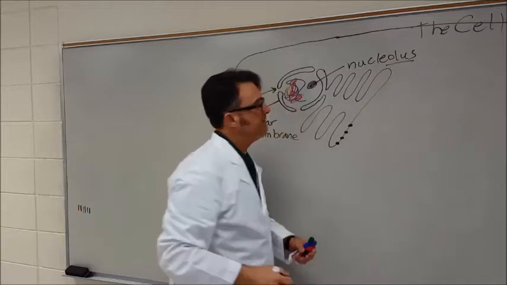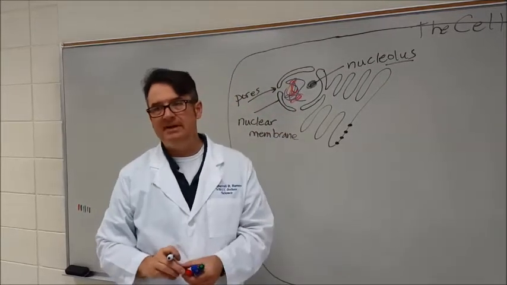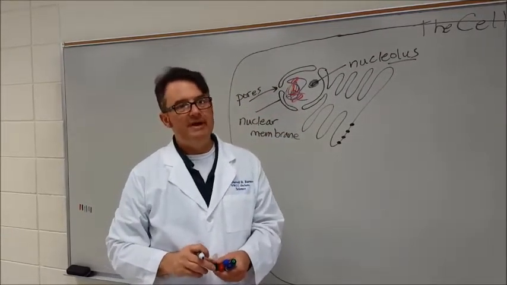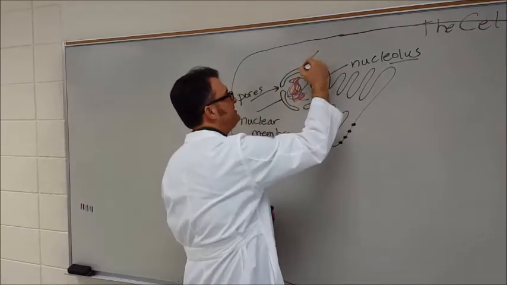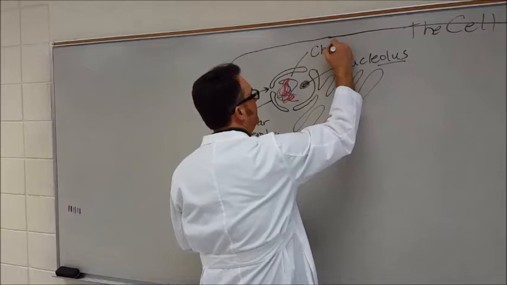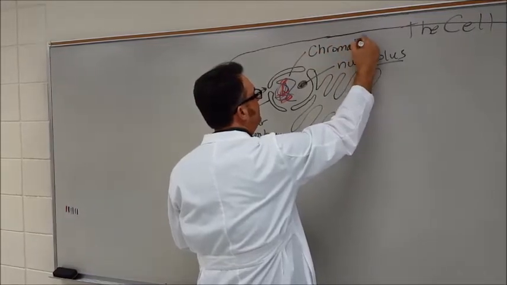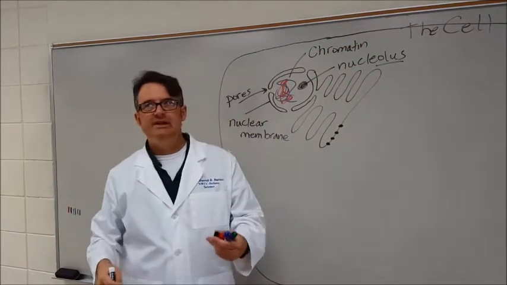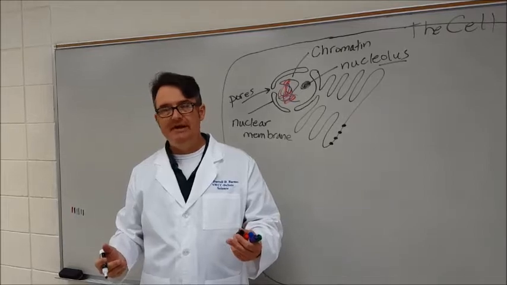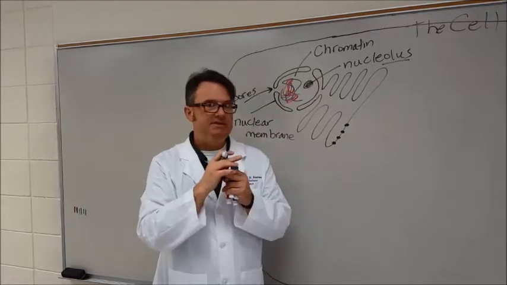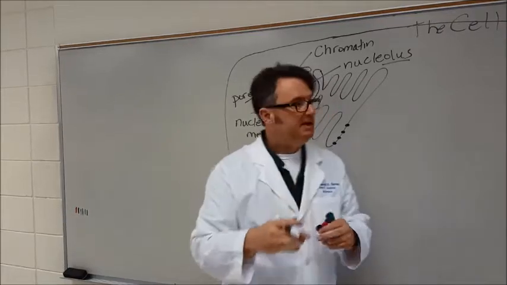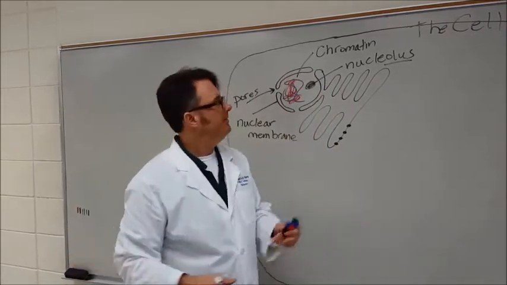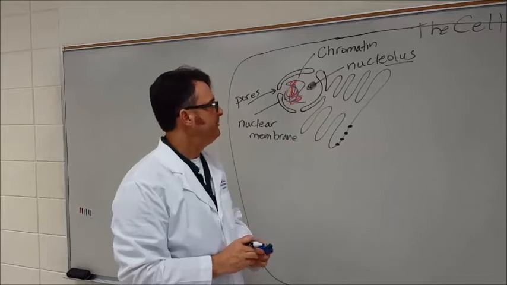The nucleolus means little nucleus, and this is where RNA is formed, and RNA is what manipulates the DNA. So inside, we say that chromatin is the uncondensed form of DNA. And then whenever it condenses down to these little X-shaped thingies to make chromosomes, then we call it chromosome. We don't call it chromatin anymore.